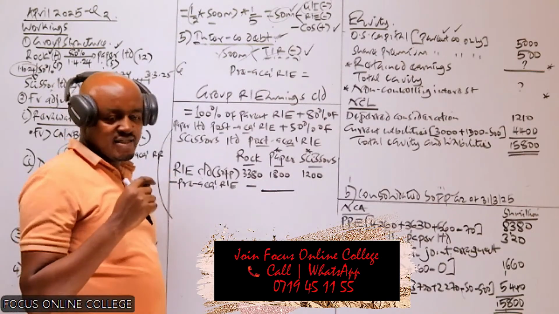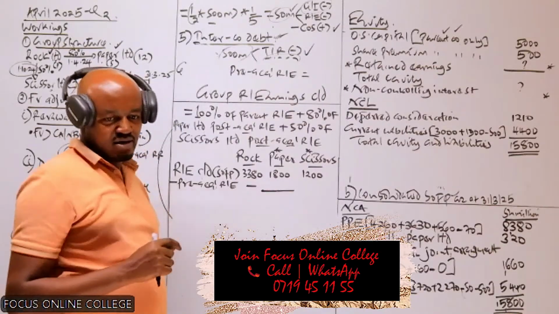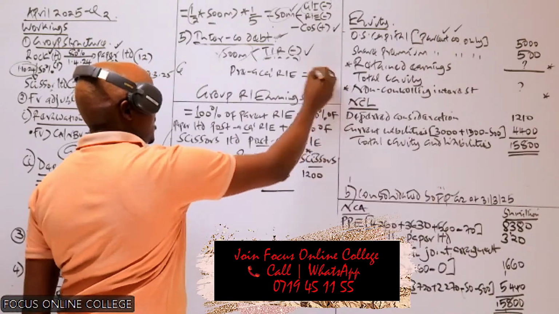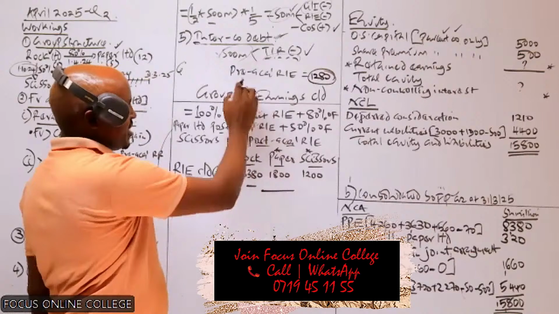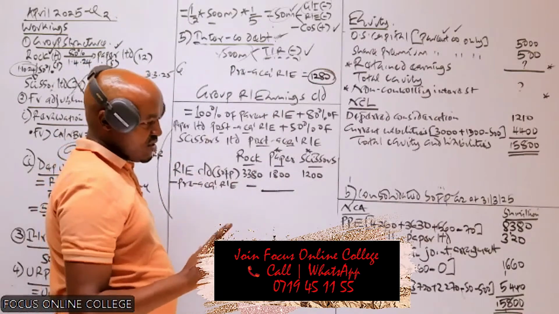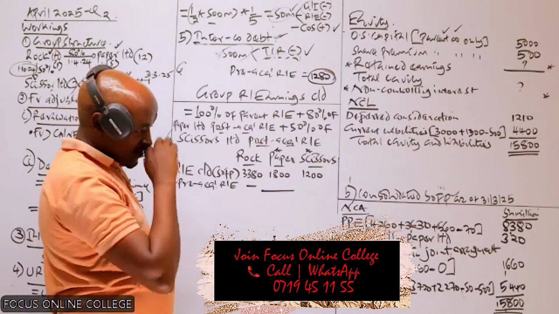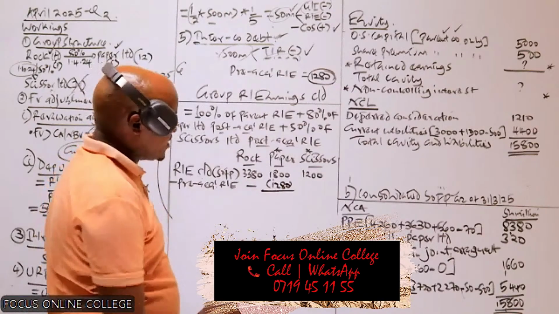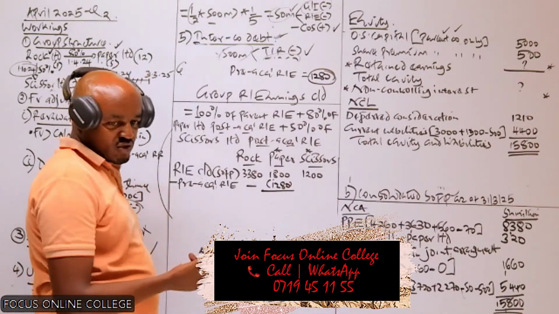Was it 1280? The one at the start? Yes. So this one we said is pre-acquisition, 1280. So we will less it there such that we shall be left with the post-acquisition.